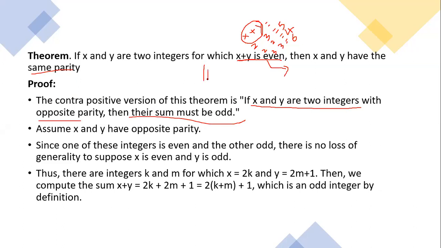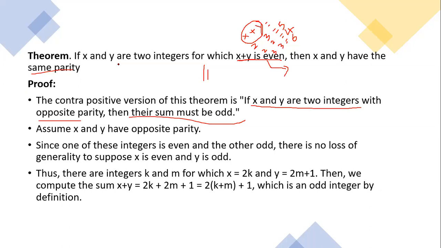X and y are two integers for which x plus y is even. We are taking two integers and adding them. If both integers have the same parity, both odd or both even, then definitely I will get the answer as even.